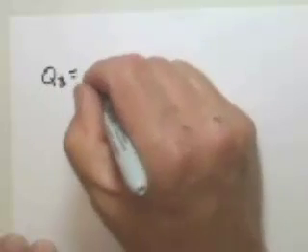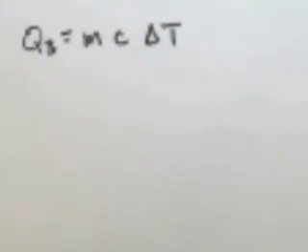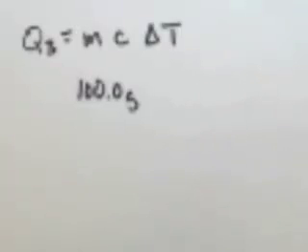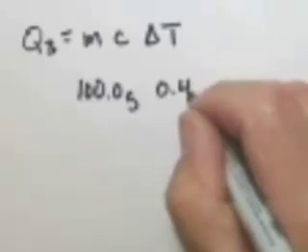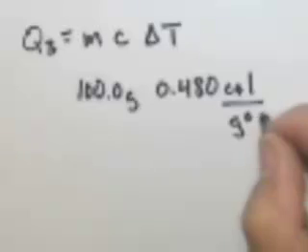Now, let's go for Q3. Again, it's MC delta T because we're back to changing temperature again. The substance, water, in this case is now a gas. It is still 100 grams. And then the specific heat of gas, according to your textbook, is 0.480 calories per gram degree Celsius.